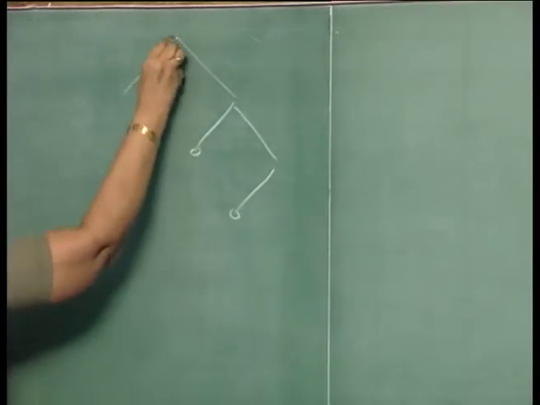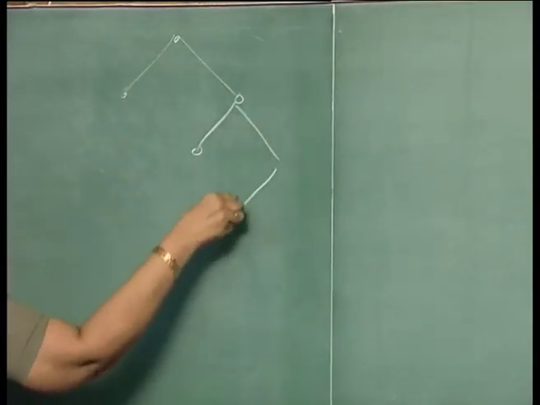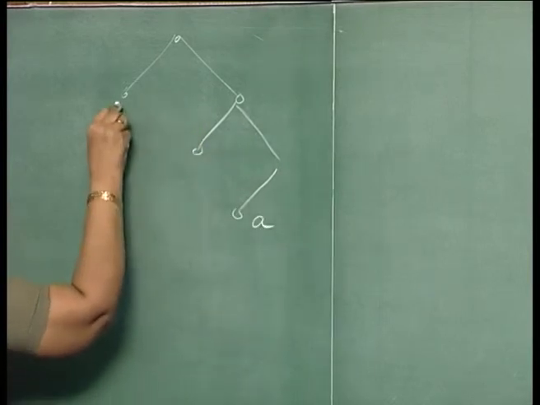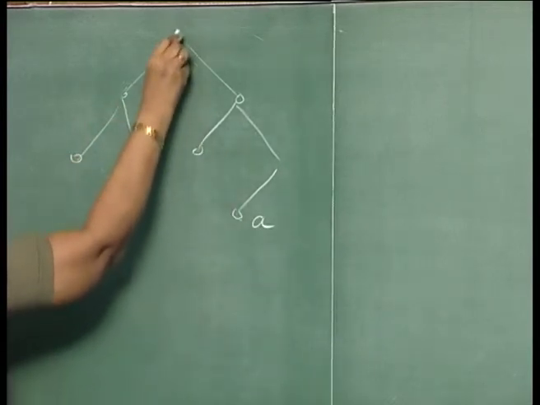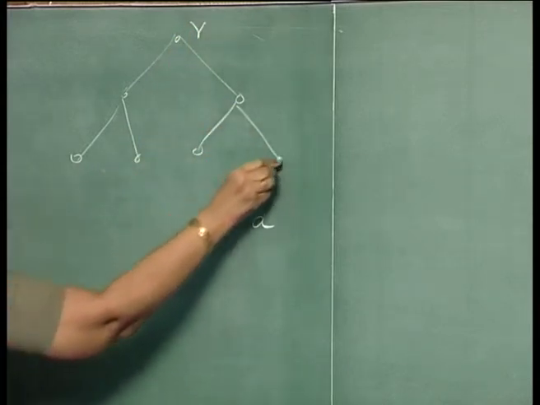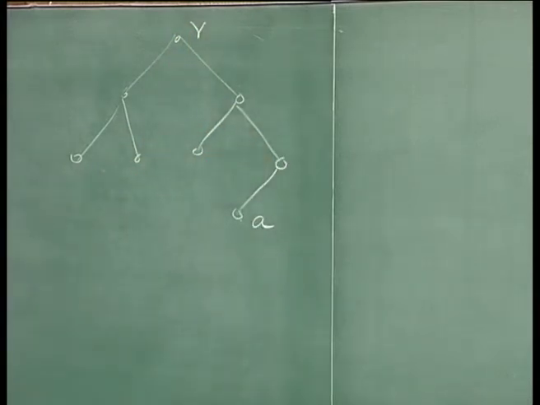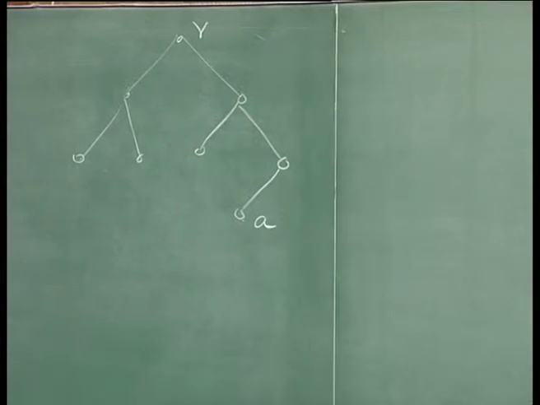Then by definition there is a path to A from the root, but we want to show that there is a unique path. How do we prove that? That there is a directed path from root to A is clear, by definition it is there, and it is also a simple path. You can very easily see that it is a simple path, but that the path is unique, how do we prove that?